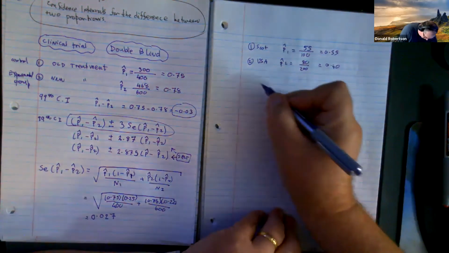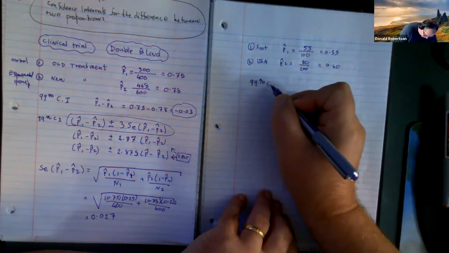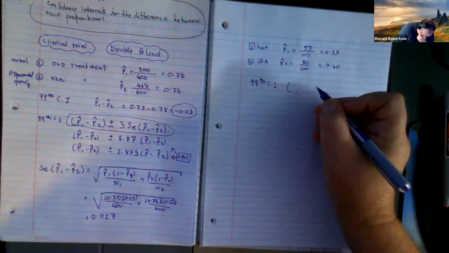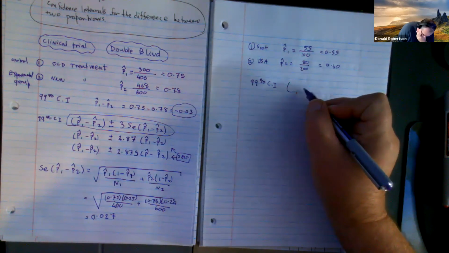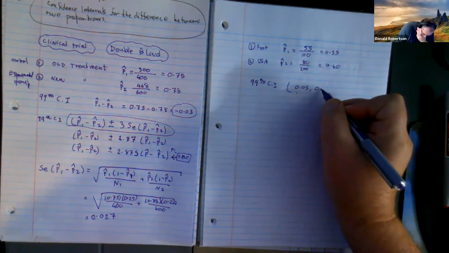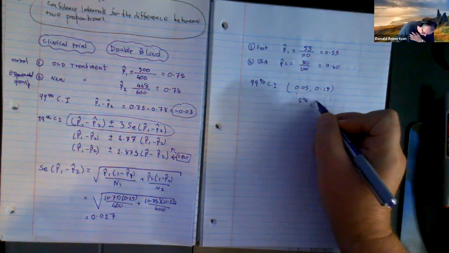And just for argument's sake, we did a 99% confidence interval for the difference. Right? And the difference ended up being 0.05 to 0.15, which is what, 5% to 15%.